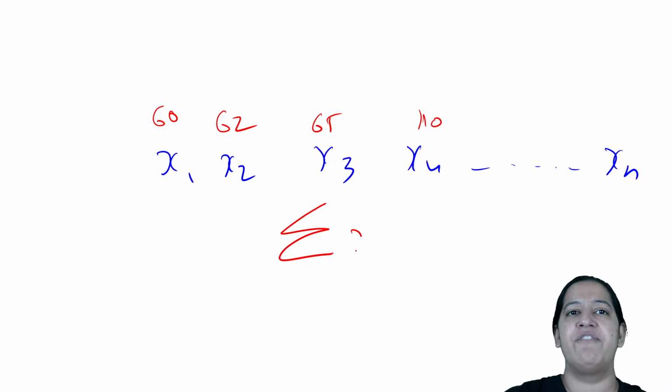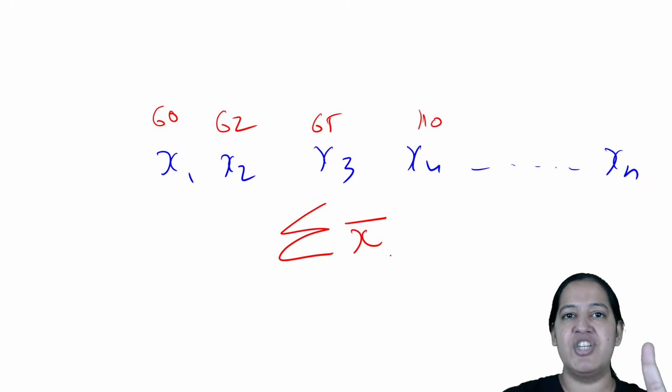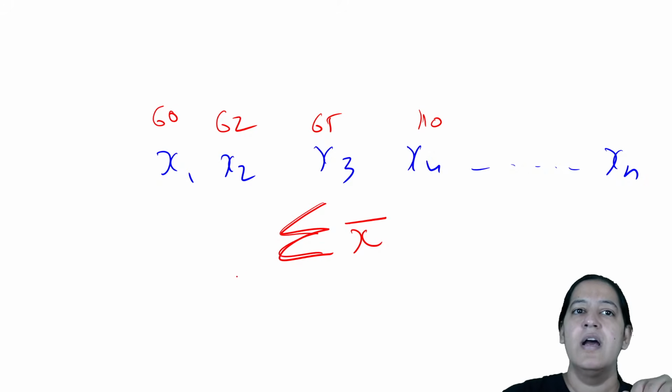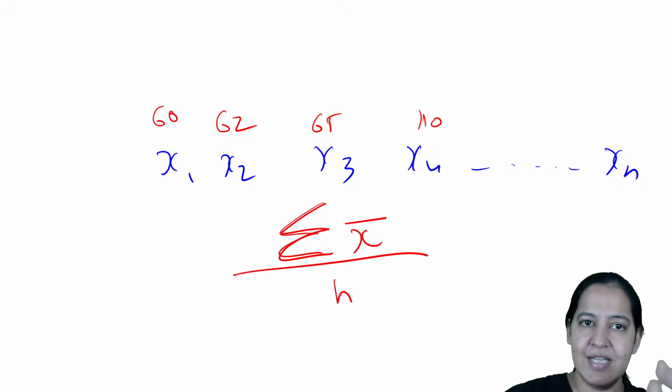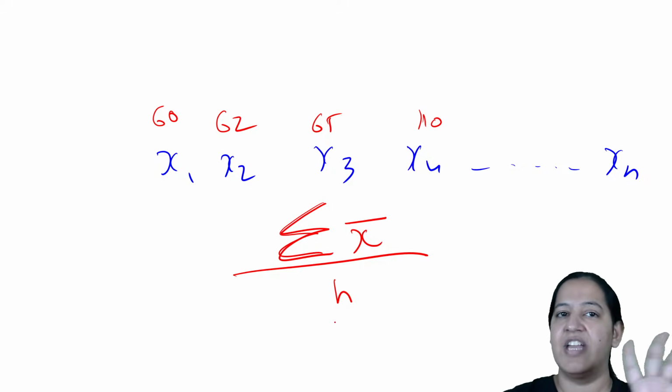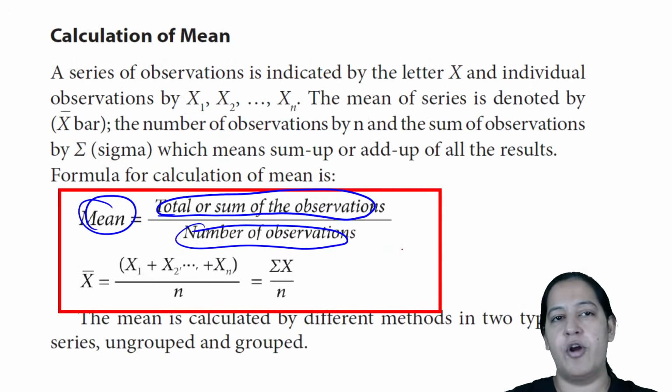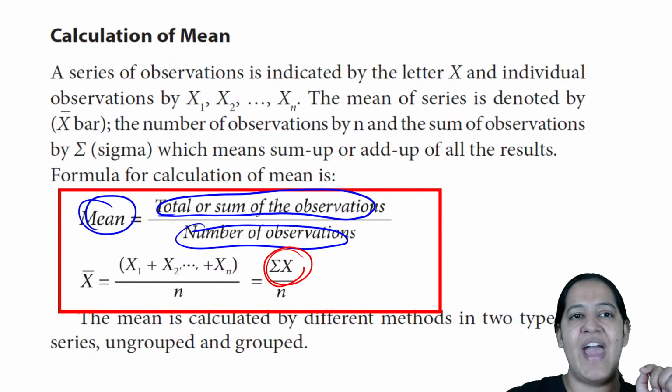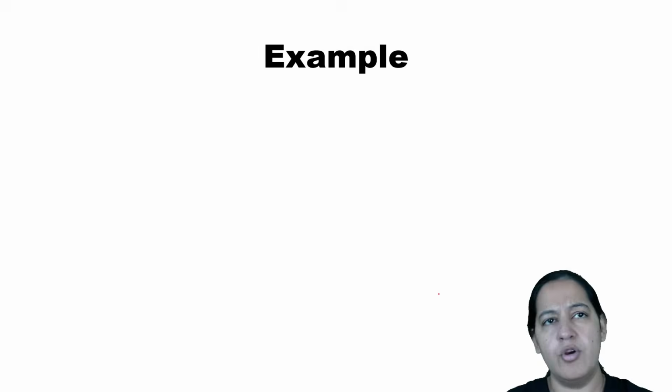That is the summation, x bar equals summation of x, the sign for summation, divided by their number n. In this example, if it is 10, divide by 10. It can be 20, 30, whatever. So the formula is summation of x upon n. You already know it.